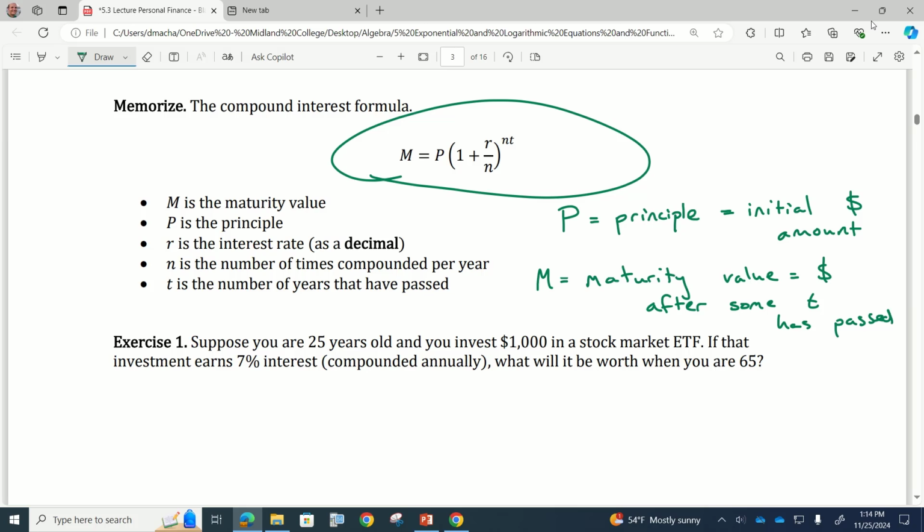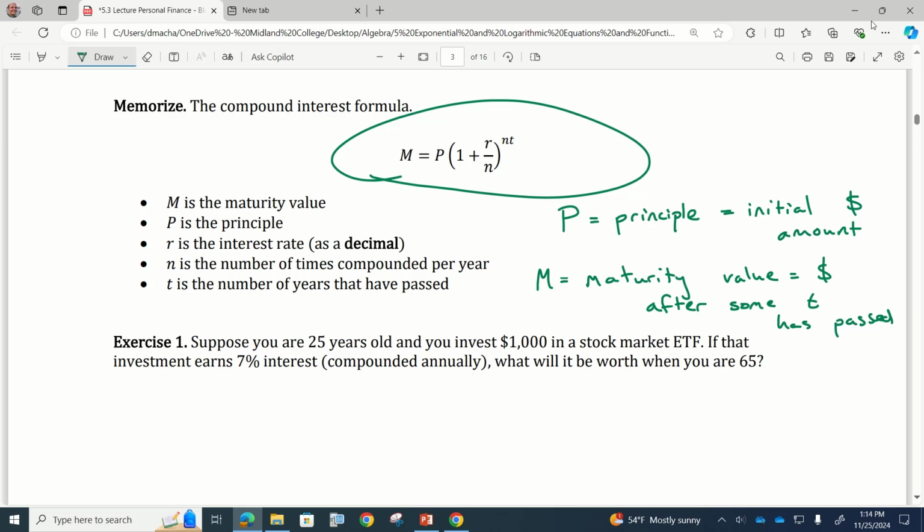So if I say the words compounded annually, that means you compound 1 time per year, and n would be 1. If I say the words compounded monthly, like your credit card compounds interest monthly, that means n is equal to 12, because you're compounding 12 times per year, 12 months in a year. And then t is the number of years that have passed.